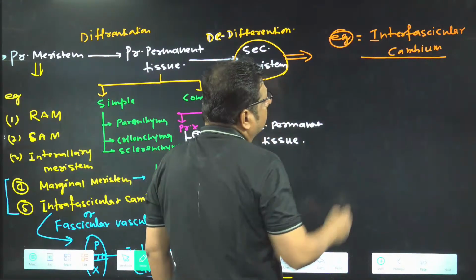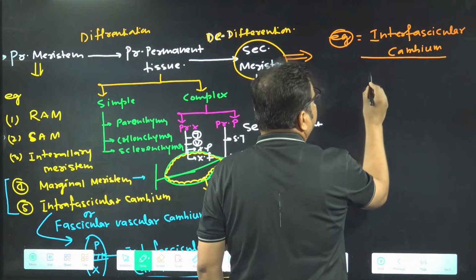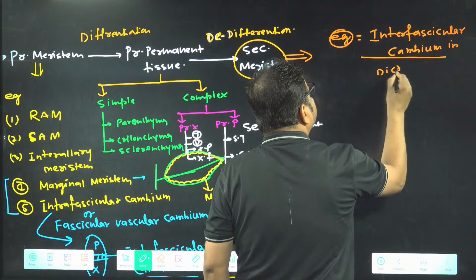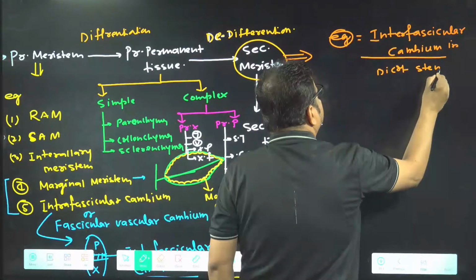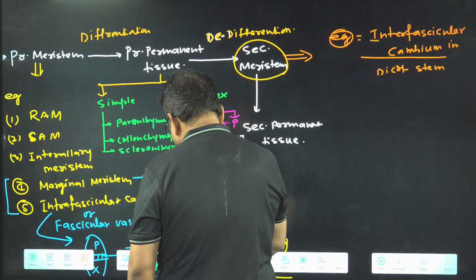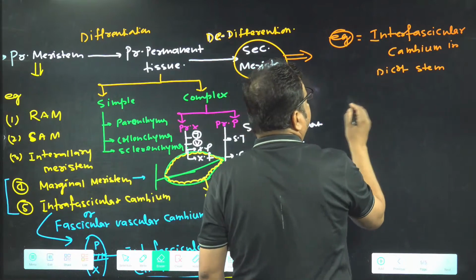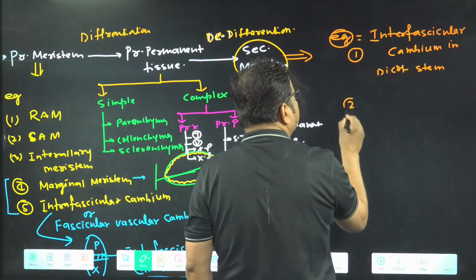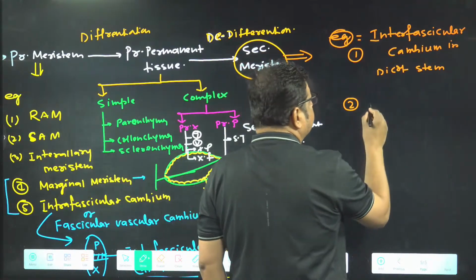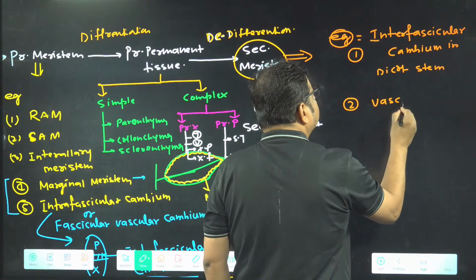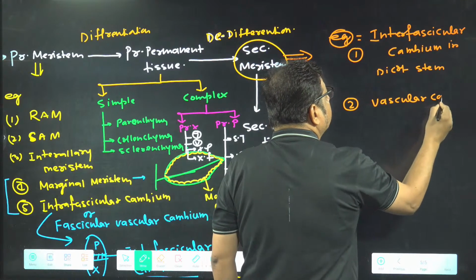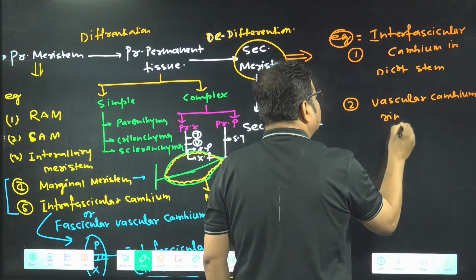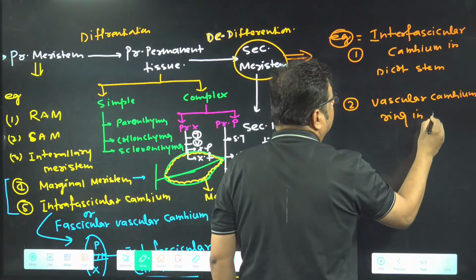Where is it present? In dicot stem. It is a secondary meristem, first example. The second example of the secondary meristem is vascular cambium ring in dicot root.